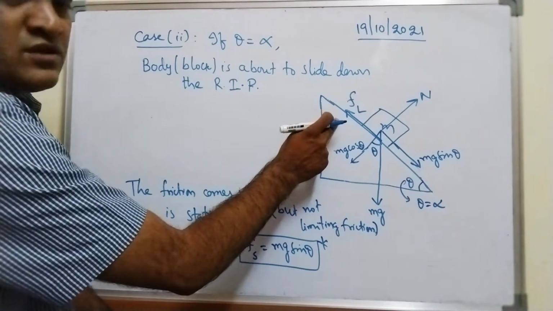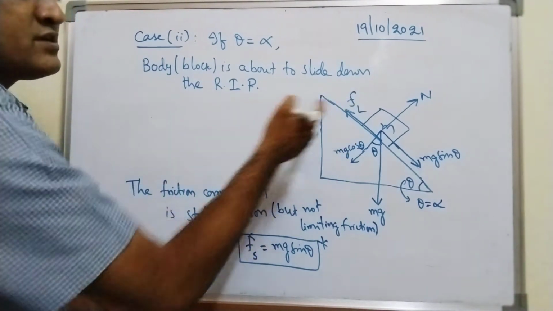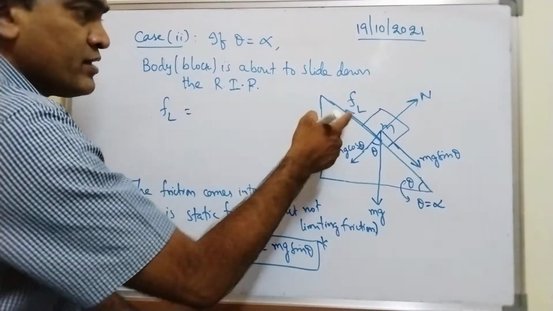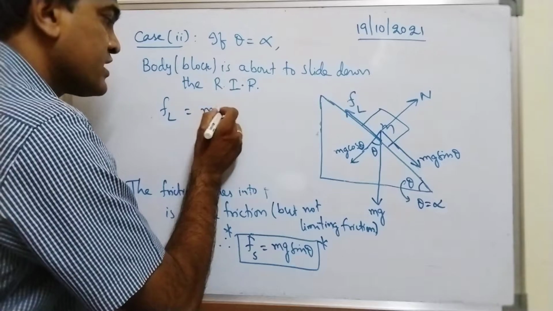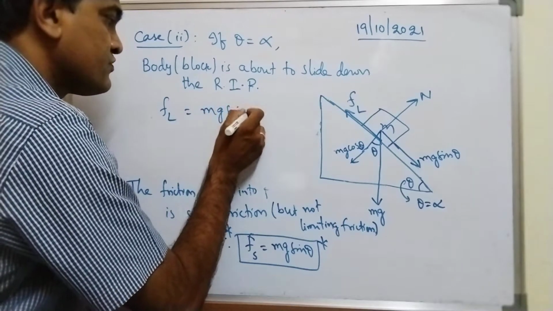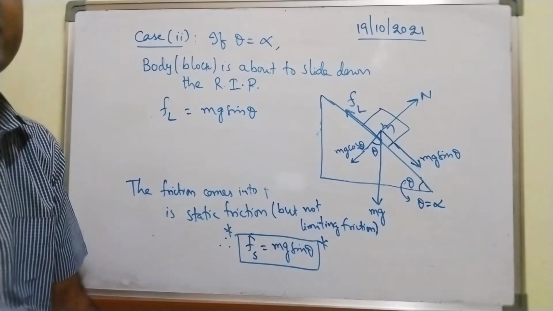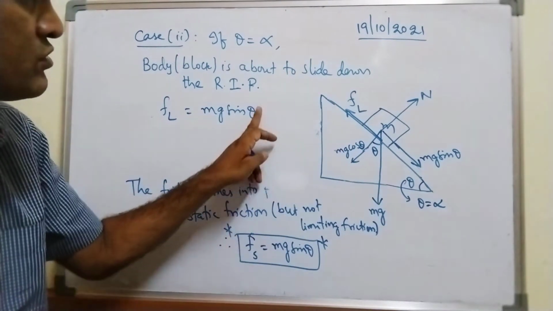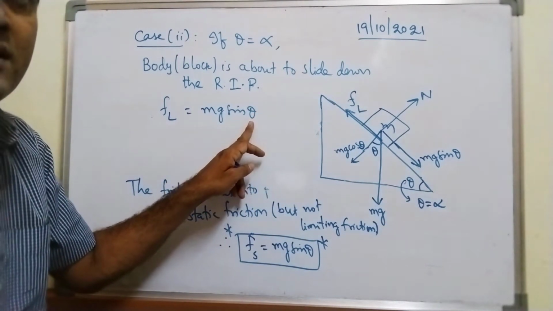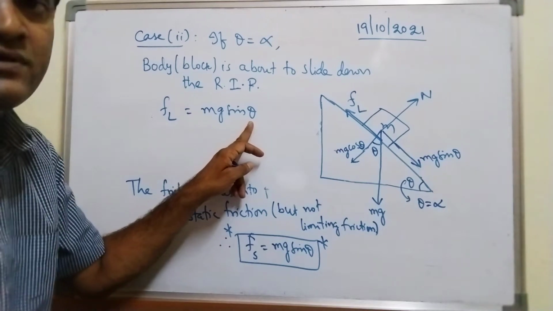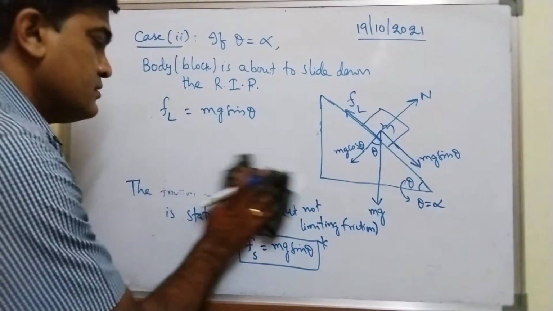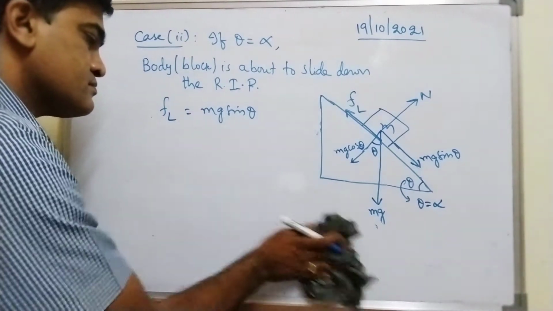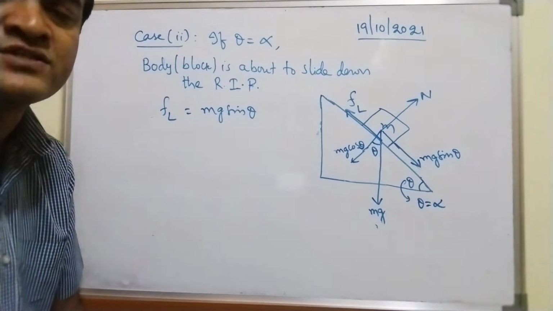The frictional force got changed: instead of static frictional force, the limiting frictional force is balanced by mg sin theta. But theta is equal to alpha in this case, so I can replace theta with alpha. Now, what is the formula you have for limiting frictional force?